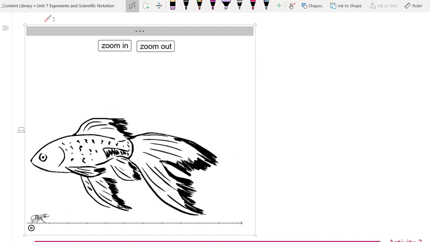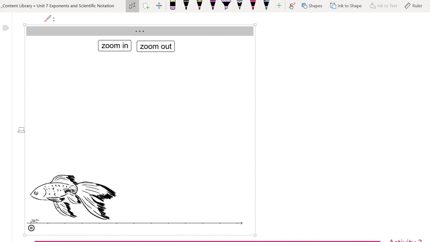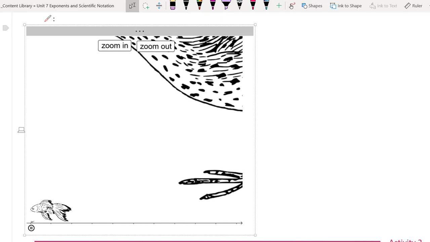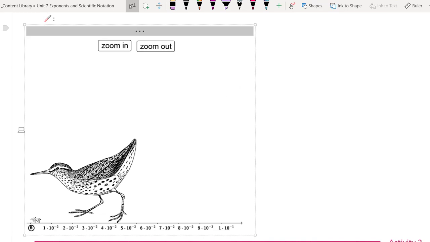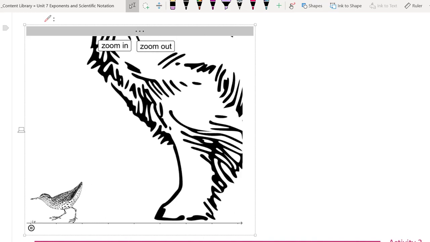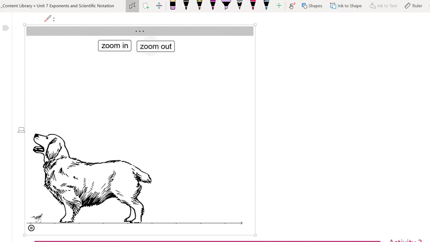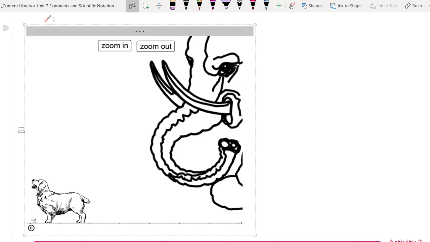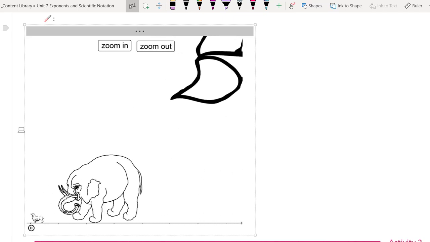But it just kind of gives you an idea of why exponents are useful. So now we're zooming back out. And if you keep zooming out, this is a very bizarre looking elephant, I think is what that's supposed to be.